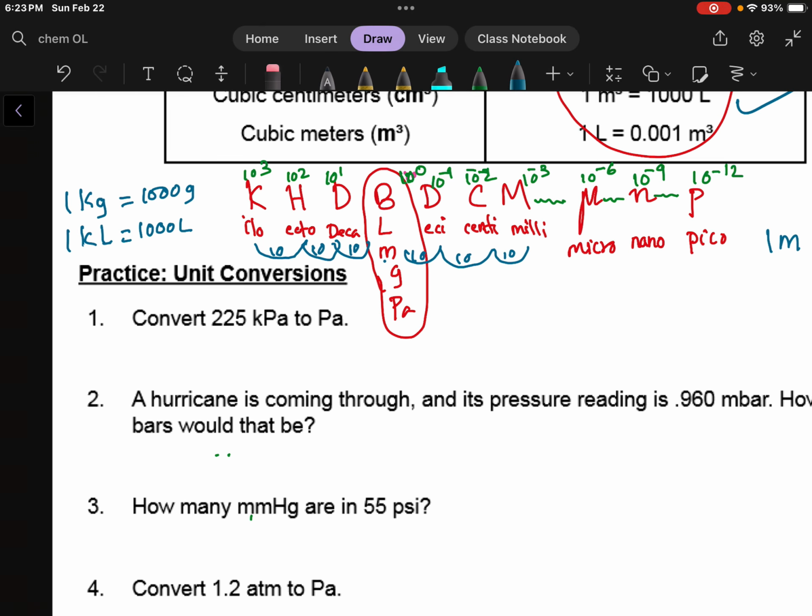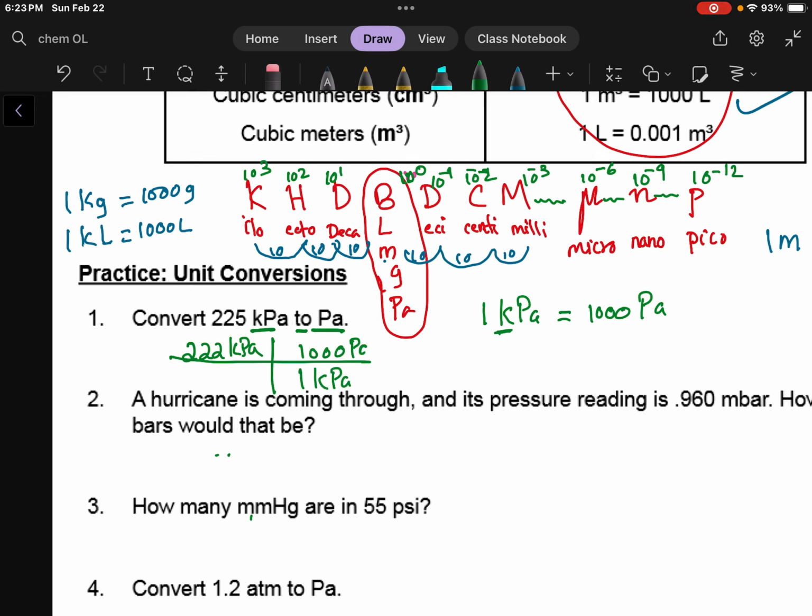Now I'm going to do 2 conversions here, then the rest you have to work on. It is asking kPa to Pa. We just said, whenever you see k, that is kilo, 1 kPa will be 1000 Pa. So easy conversion: 225 kPa, then you will write 1 kPa is equal to 1000 Pa.